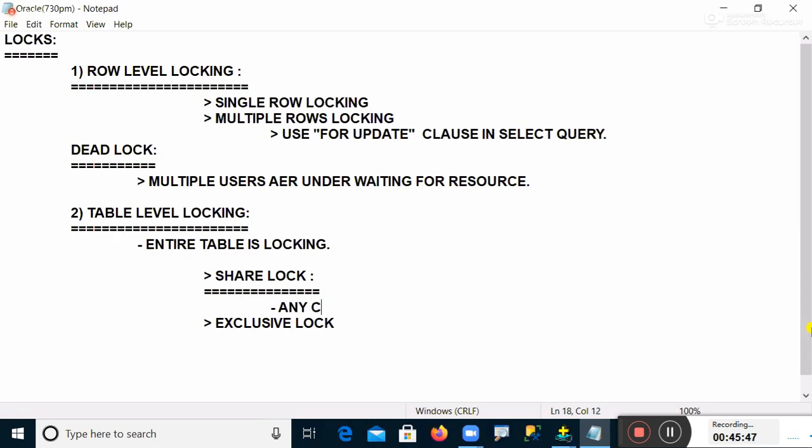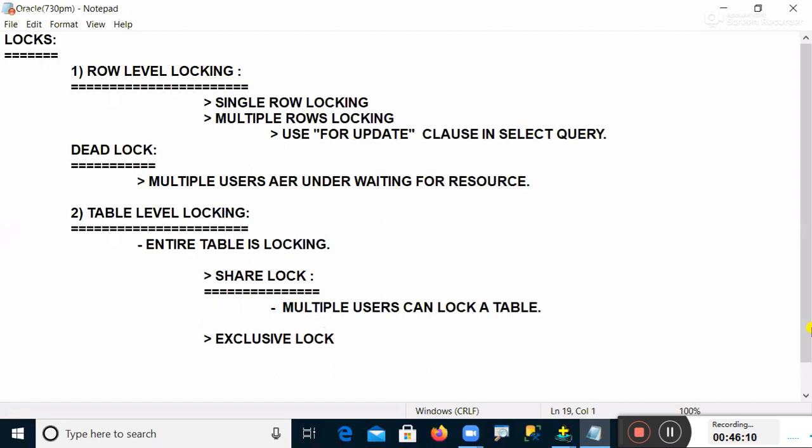Share lock means any user or multiple users can lock a table.